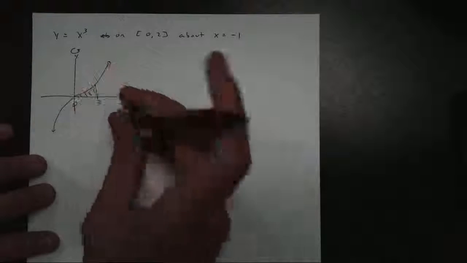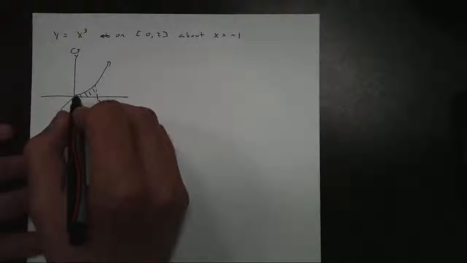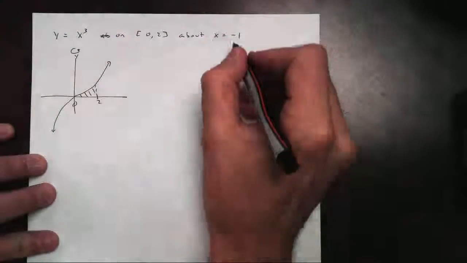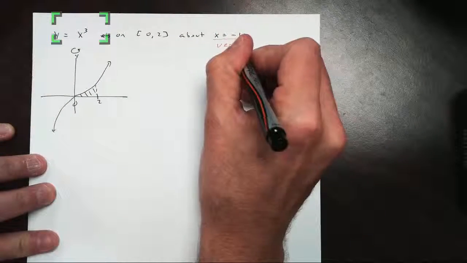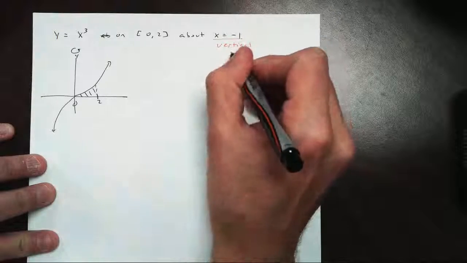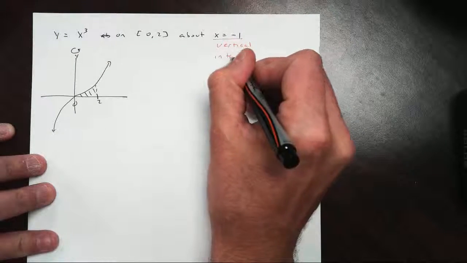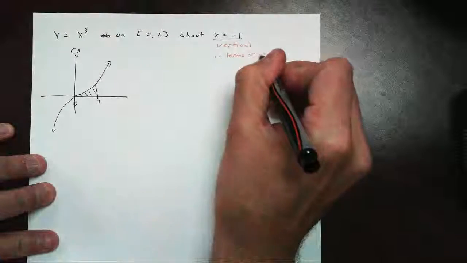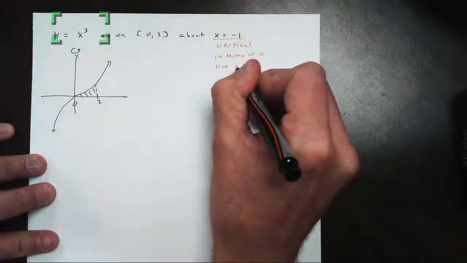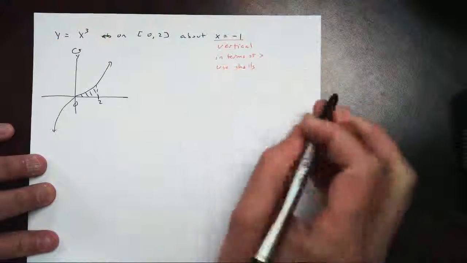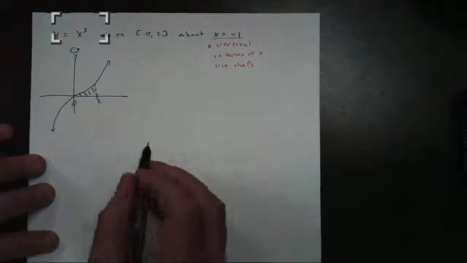Well, because our axis of revolution is vertical, and I'm in terms of x, I use shells. We'll talk more about that in a minute. I'll give you guys a little bit better idea of how to use which one. Okay, so I'm going to use a shell.